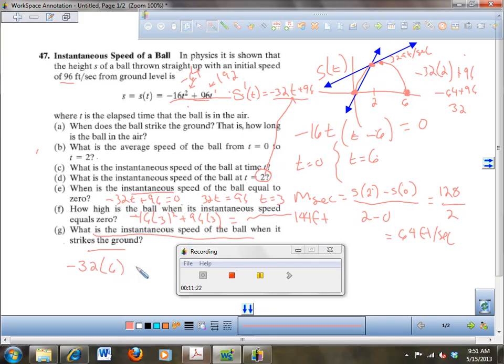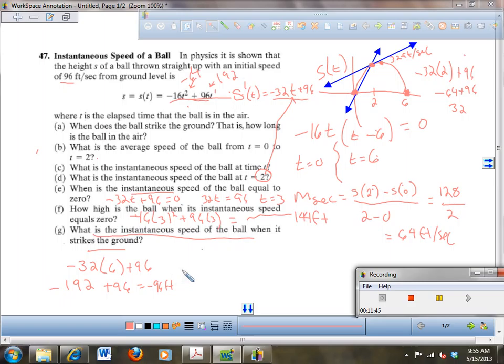I get 6 times that, which I believe is negative 192, plus 96, which gives you negative 96. Is that right? Okay. And that's feet per second. And you might ask, how can it be going negative velocity? It's going down.